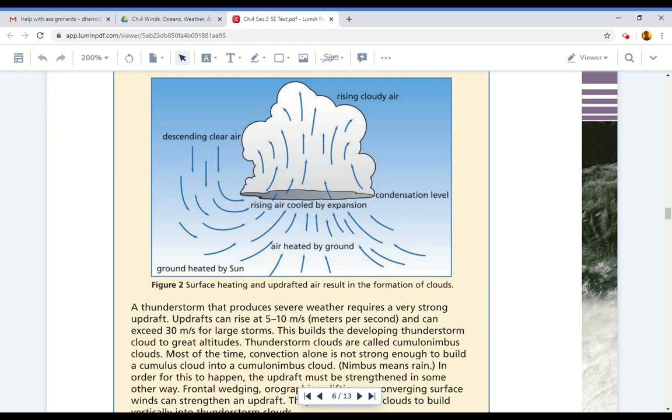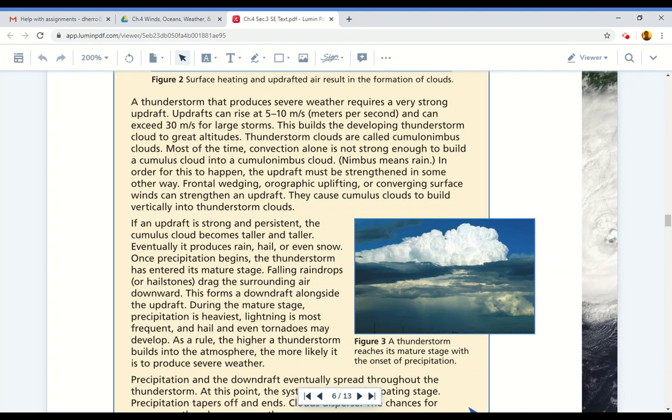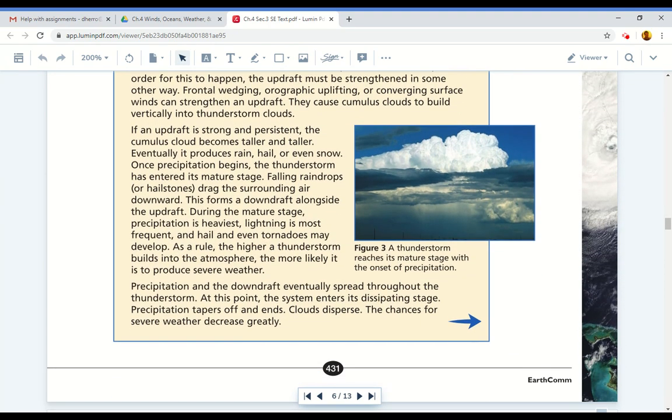Most of the time, convection alone is not strong enough to build a cumulus cloud into a cumulonimbus cloud. Nimbus means rain. In order for this to happen, the updraft must be strengthened in some other way. Frontal wedging, orographic uplifting, or converging surface winds can strengthen an updraft.